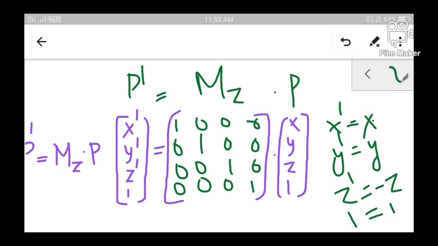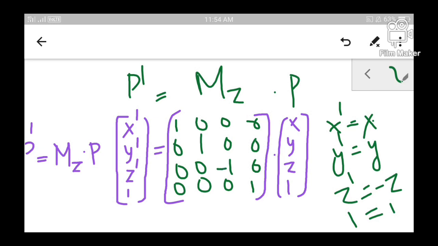Clear? Now there comes the third equation. Equation is z dash equal to minus z. That means no terms related to x, y. So both x and y should be multiplied to 0. But z dash is equal to minus z. That means z should be multiplied to minus 1.